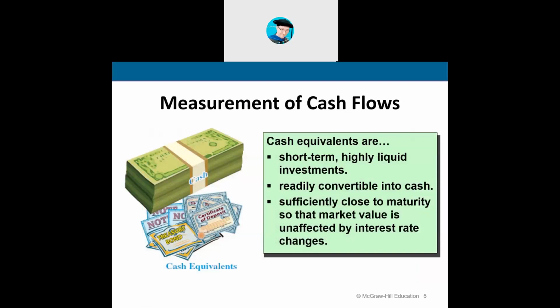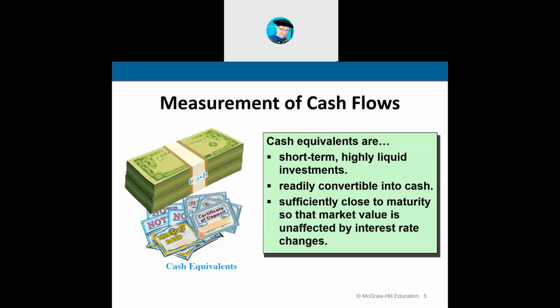How do we measure the cash coming in and out of the business? We look at this thing called cash equivalence. Cash equivalence is cash and things I can quickly convert into cash. If I could quickly sell stocks and bonds to get cash, that is a cash equivalent.